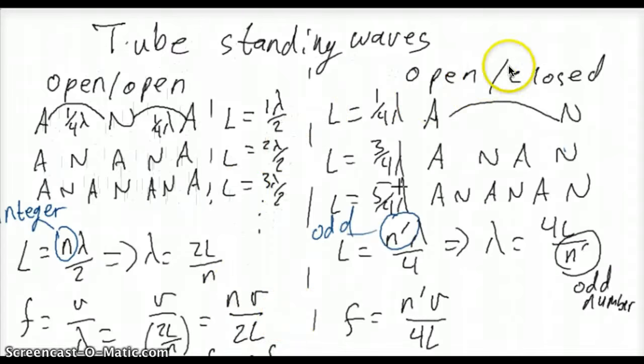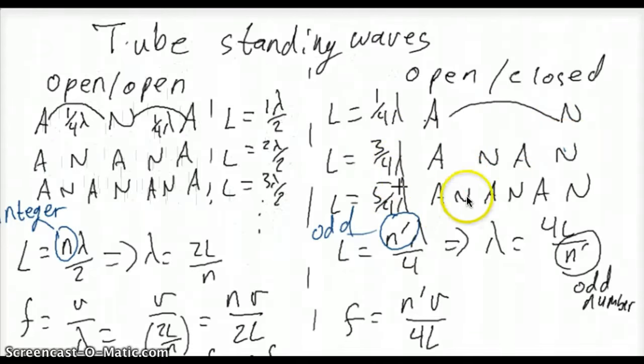And for open-closed, it's pretty much the same thing. It alternates node and antinode, antinode and node. And for this one, an antinode to a node is 1/4 wavelength. And then there's 1/4, 2/4, 3/4.